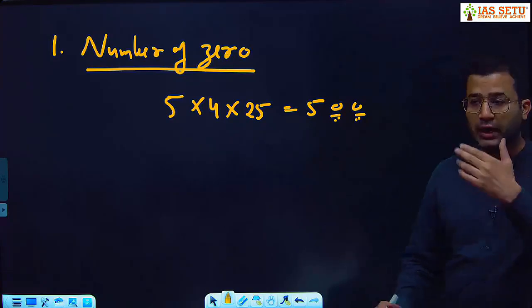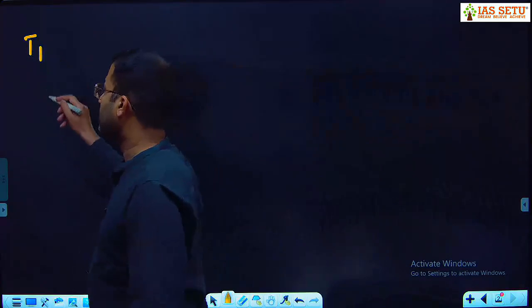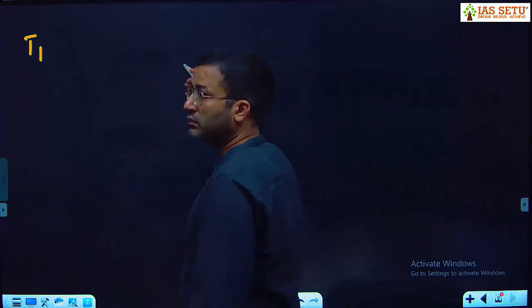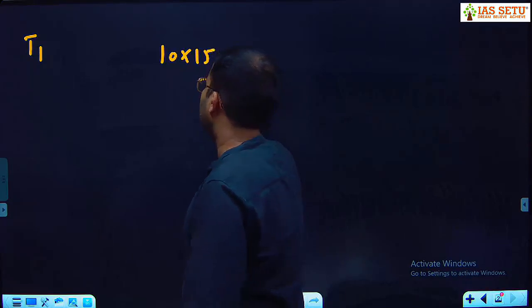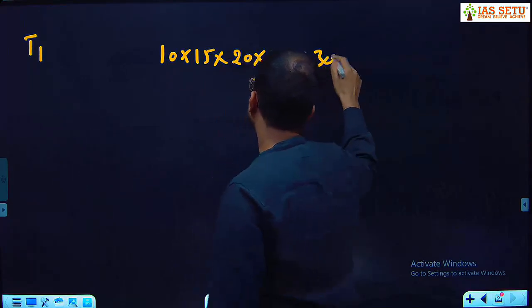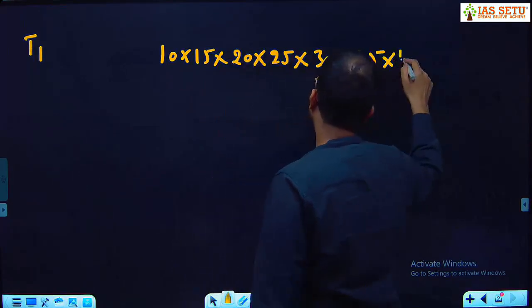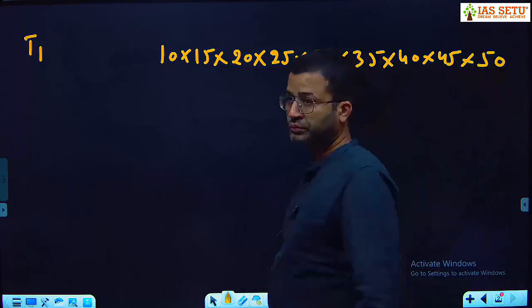So we have two types of question here. Type 1 question. Here it is like 10 into 15 into 20 into 25 into 30 into 35 into 40 into 45 into 50.